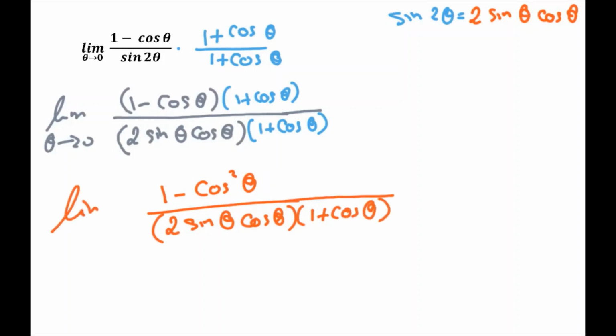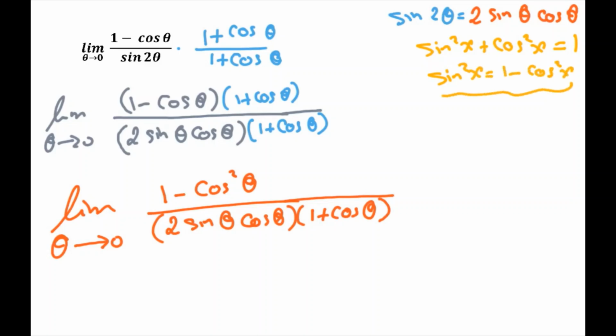Remember, the limit as theta approaches 0. Now, we know that sine squared x plus cosine squared x equals 1. So sine squared x equals 1 minus cosine squared x.